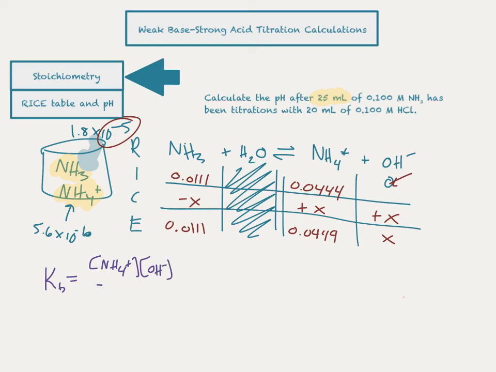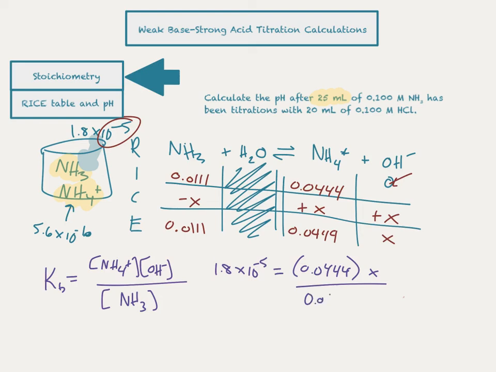Again, products over reactants for this part. And then we just need to plug in our numbers. 1.8 times 10 to the negative 5 equals 0.0444 times x over 0.0111, and then we just need to solve for x.